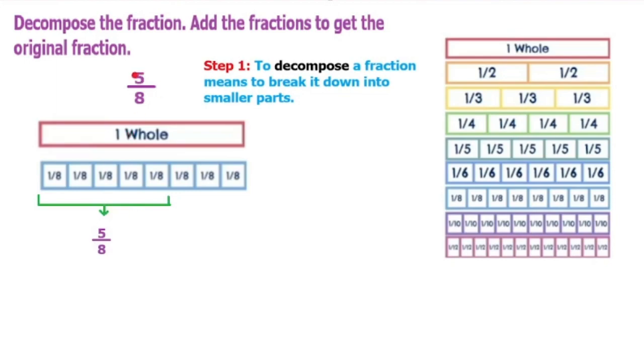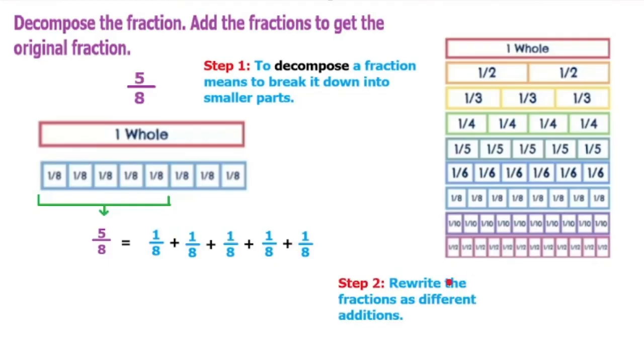And for us, we're looking at 5/8. So here's the 5/8. 1, 2, 3, 4, 5 bunched together. So that's 5/8. So then you just need to write that as an addition sentence. So 5/8 is equal to 1/8 plus 1/8 plus 1/8 plus 1/8 plus 1/8, 5 times.